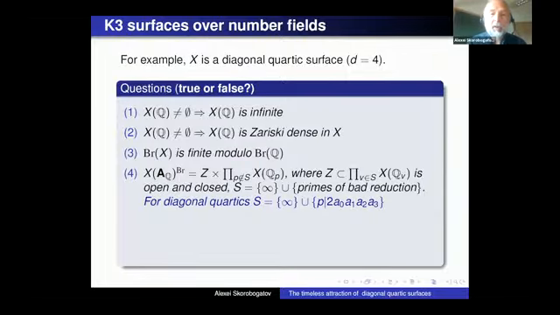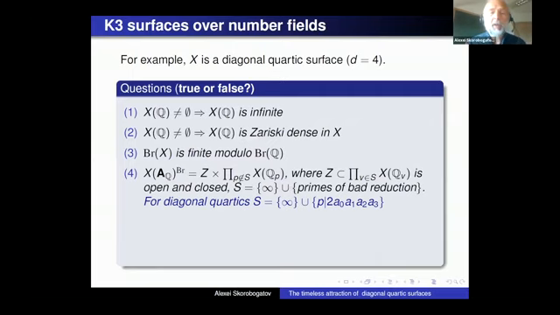In other words, this boils down to the statement that there is an open and closed subset of this finite product of spaces of local points, such that outside of this set S, we need to include all points.